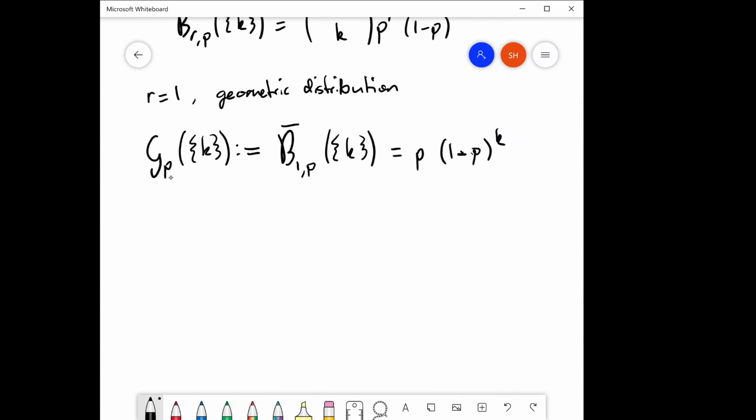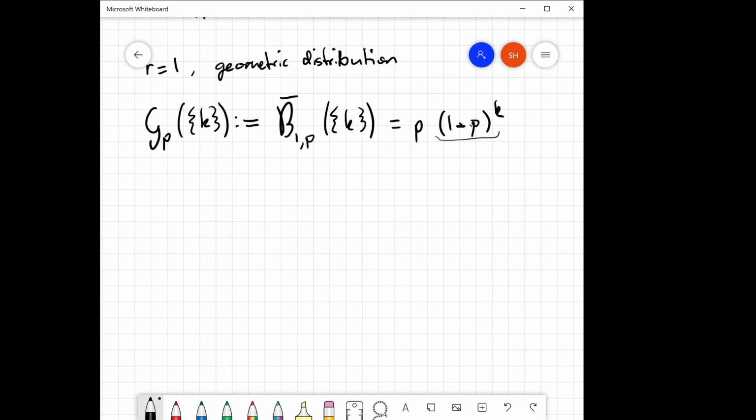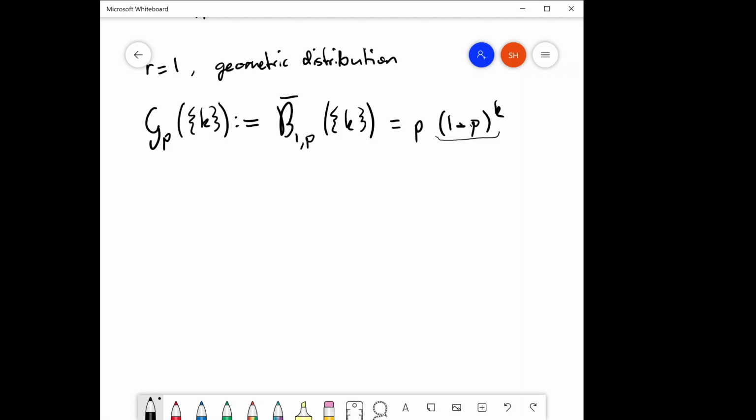This one is very easy to check as a probability distribution because it is just a geometric series. The sum of this over k in the non-negative integers is just going to give you a geometric series, and you can work out that yes, this provides a probability distribution.